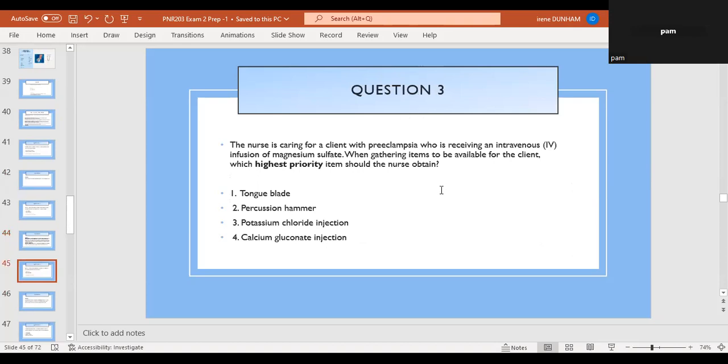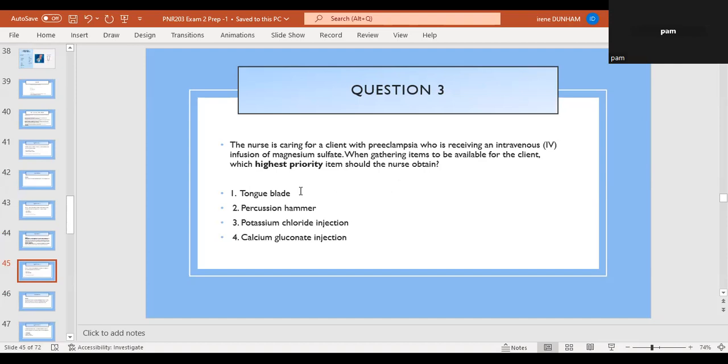Let's do another one. The nurse is caring for a client with preeclampsia who's receiving an IV infusion of magnesium sulfate. When gathering items to be available for the client, which highest priority item should the nurse obtain? We have to be careful with magnesium so we don't get toxicity, because if toxic, we would lose her respirations.